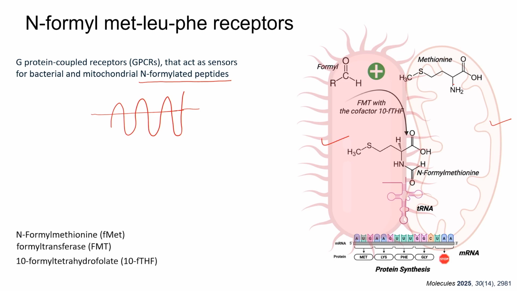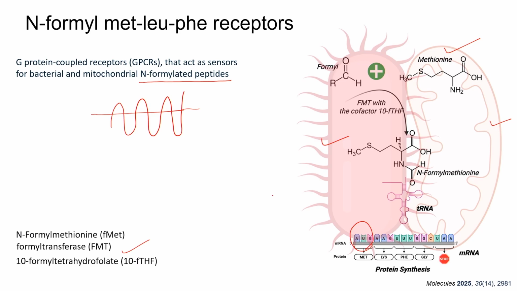The first amino acid is coded by the codon AUG as methionine, and this methionine can be bound to a formyl group by the enzyme formyl transferase, in the presence of a cofactor called 10-formyl tetrahydrofolate. This converts it into N-formyl methionine, which can be the starting amino acid in a peptide chain coming out from a bacterial or mitochondrial species.